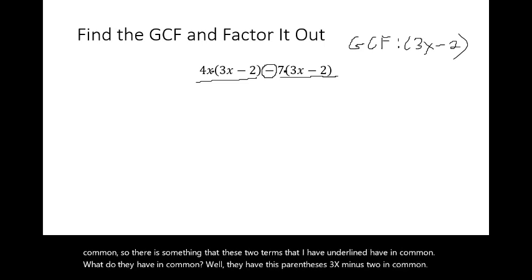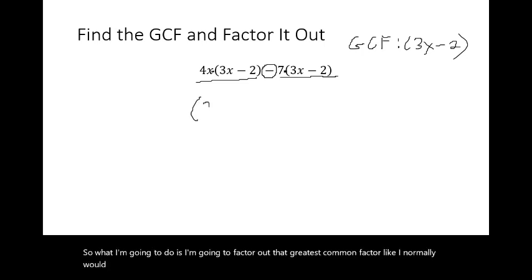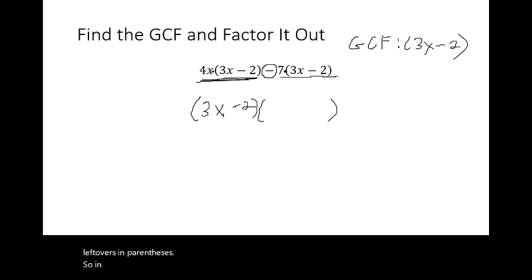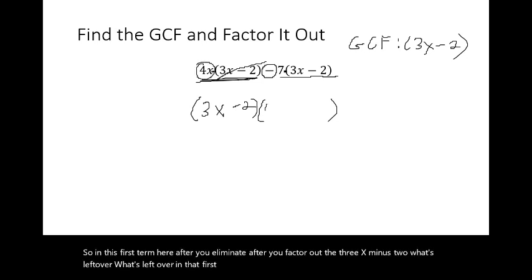So what I'm going to do is factor out that greatest common factor like I normally would. So I'm going to factor out that parentheses 3x minus 2, write it out front, and put the leftovers in parentheses. So in this first term here, after you factor out the 3x minus 2, what's left over? Well, what's left over in that first term is going to be 4x. So I'm going to put the leftovers here in parentheses.